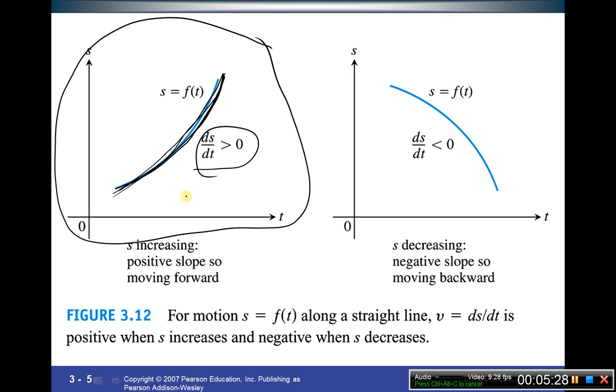So if the position is increasing, it has a positive slope, so the body is moving forward. If the position is decreasing with time, then the slope of the tangent line would be negative, ds/dt would be less than 0, and so the body is moving backwards.